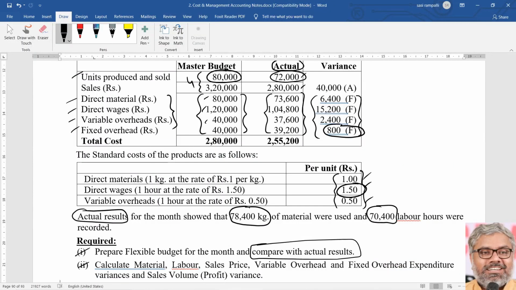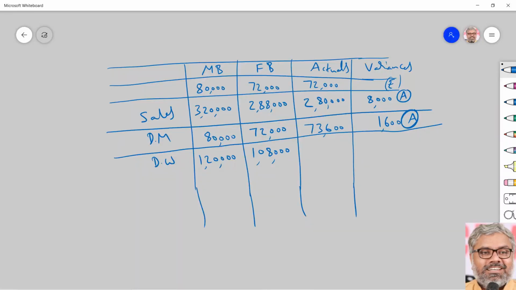But how much was actually spent? 1,04,800. 1,04,800 only was spent. When it was less amount spent, there is a favorable variance of 3,200 when it comes to direct wages.